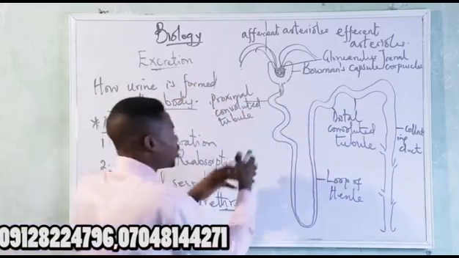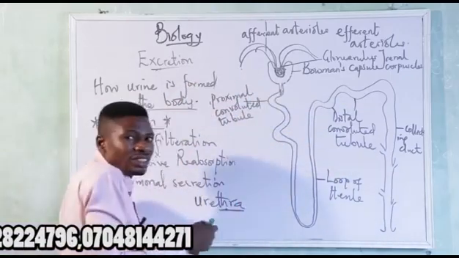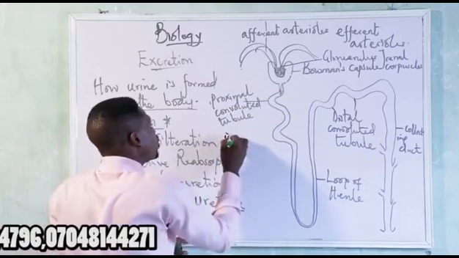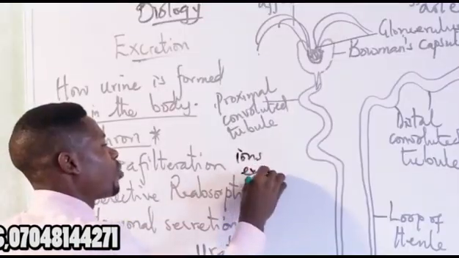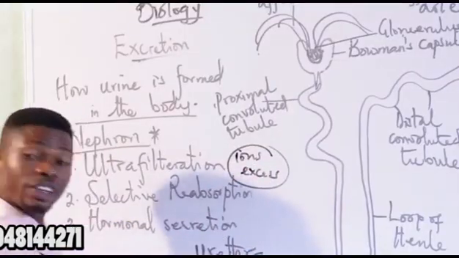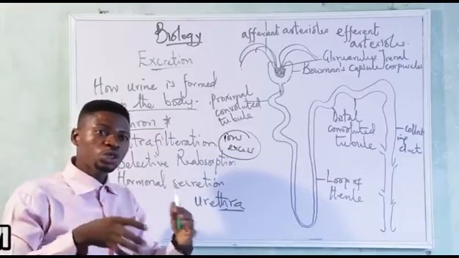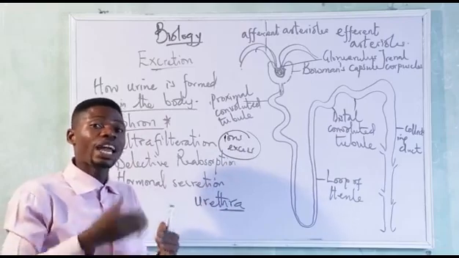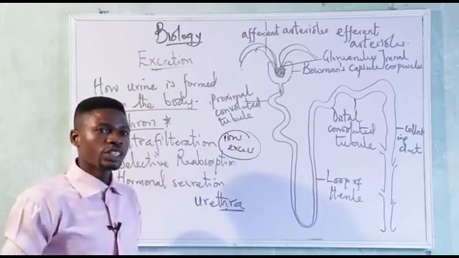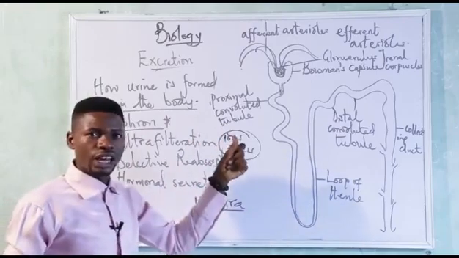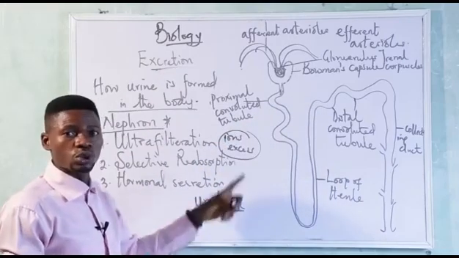Now, this absorption is taking place in terms of ions and excess water. Now, the brain, the pituitary gland, signals to the kidney that, Mr. Kidney, you do not have to allow excess water to leave the body. Then it sends a signal and sends a hormone to do that work.